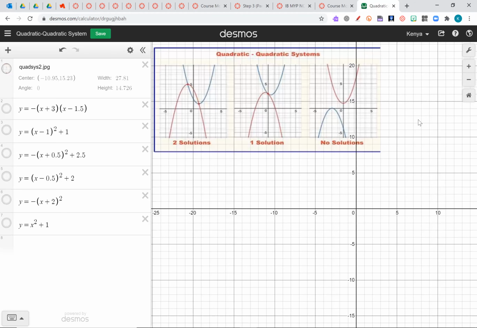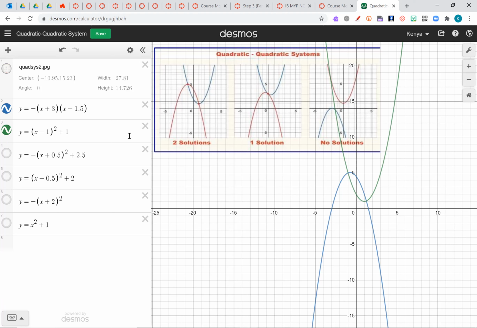For this example, we're going to look at quadratic-quadratic systems. In this situation, we're going to have two quadratics being graphed on the same graph. Again, just like before, we have a possibility of having two solutions, one solution, or no solution. Here we have the quadratic graphed in intercept form, and the second one is graphed in vertex form.